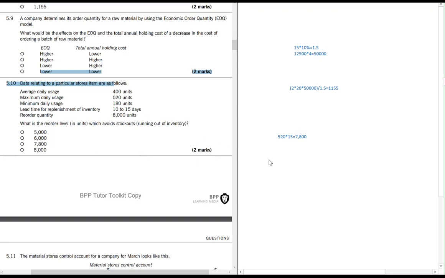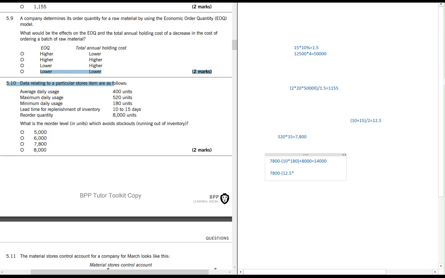They didn't ask for maximum level, but maximum level would be reorder level minus minimum usage into minimum time, plus the new order coming, 8,000, which would be 14,000. And if they ask for minimum level, they haven't asked, it would be the average. Let's find the average. 10 plus 15 divided by 2 becomes 12.5 average.